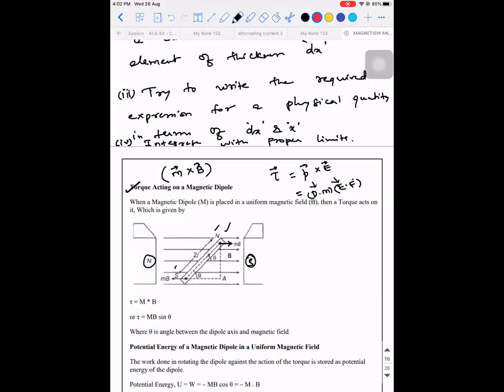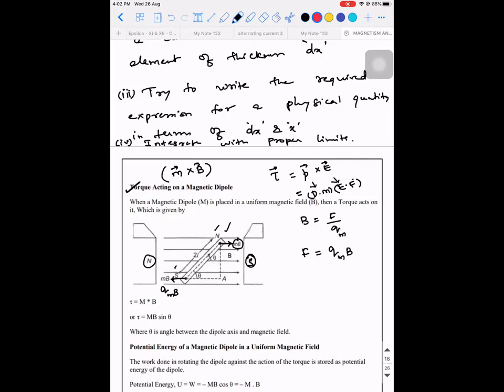Remember last class I told you B is equal to F divided by M. Instead of M, I will write it as Qm so that you are not confused. Qm stands for pole strength. So F will be equal to Qm into B. Similarly, the south pole will get attracted in the opposite direction, and its value is also Qm into B.